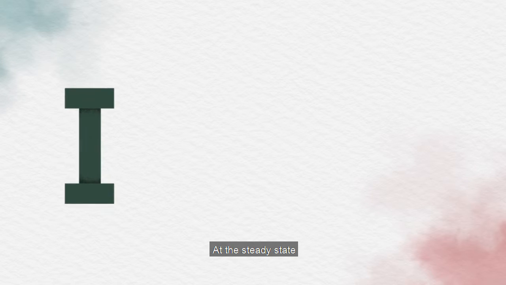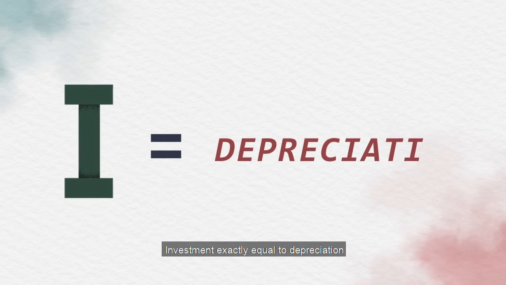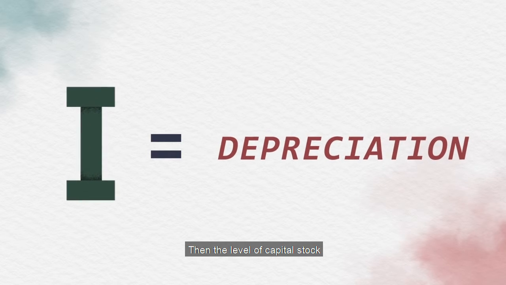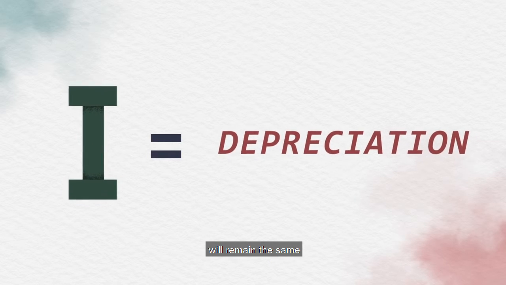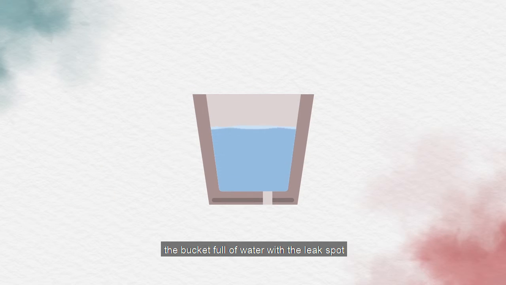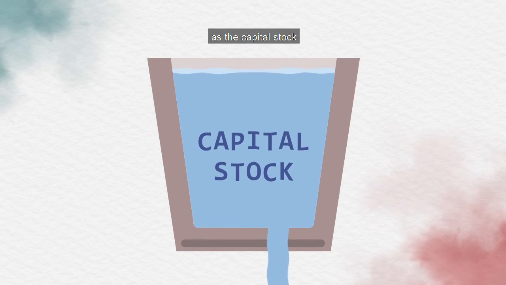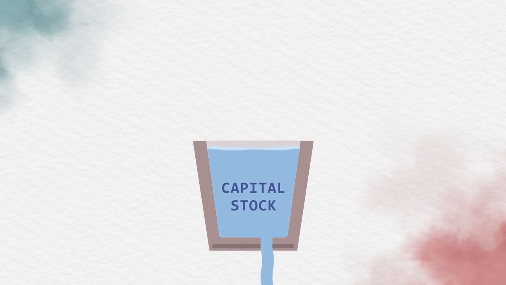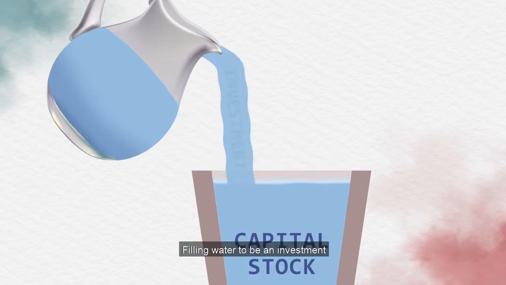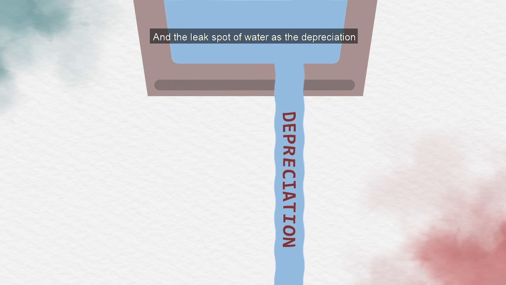At the steady state, investment is exactly equal to depreciation, so the level of capital stock will remain the same. Let's imagine a bucket full of water with a leak. We compare the water to the capital stock, filling the water to investment, and the leak to depreciation.